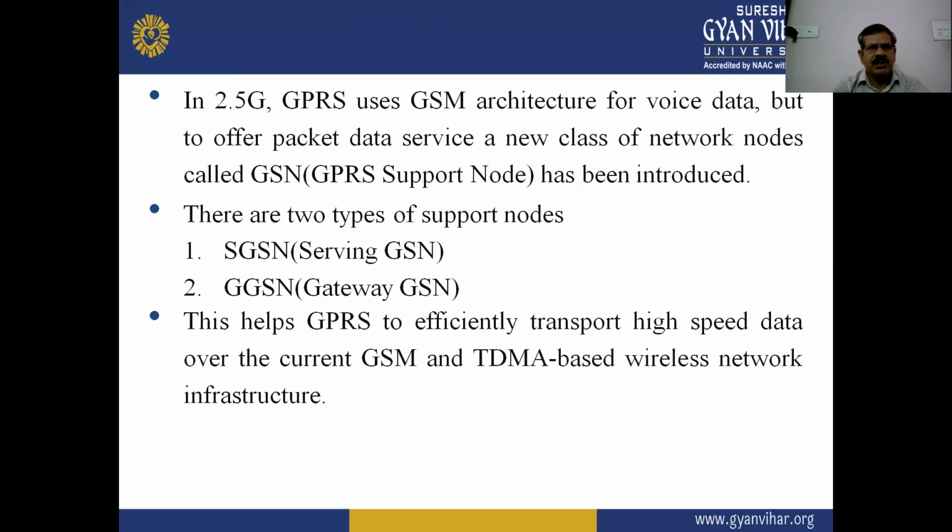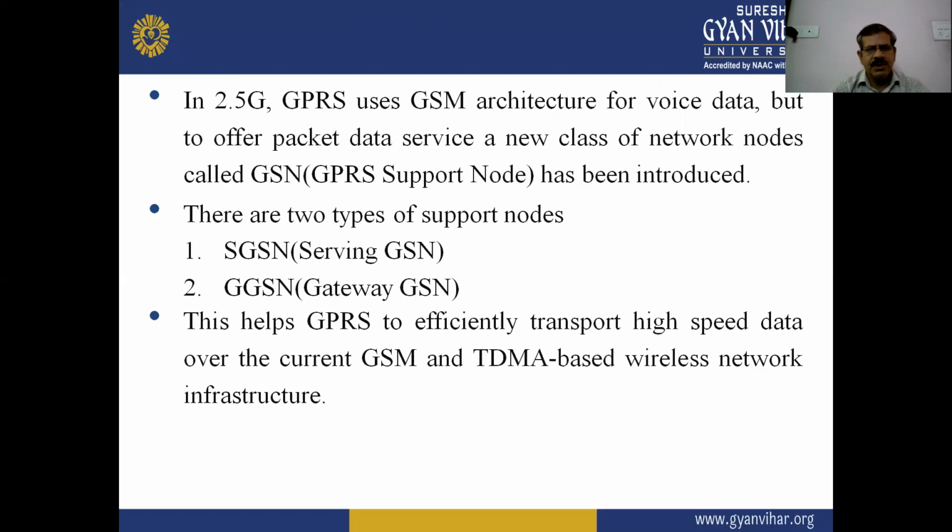In 2.5G technology, GPRS uses the GSM architecture for voice data, but to offer packet data service, a new class of network nodes called GSM GPRS support nodes has been introduced. There are two types of support nodes: first, SGSN, serving GPRS support node; second, GGSN, gateway GPRS support node.